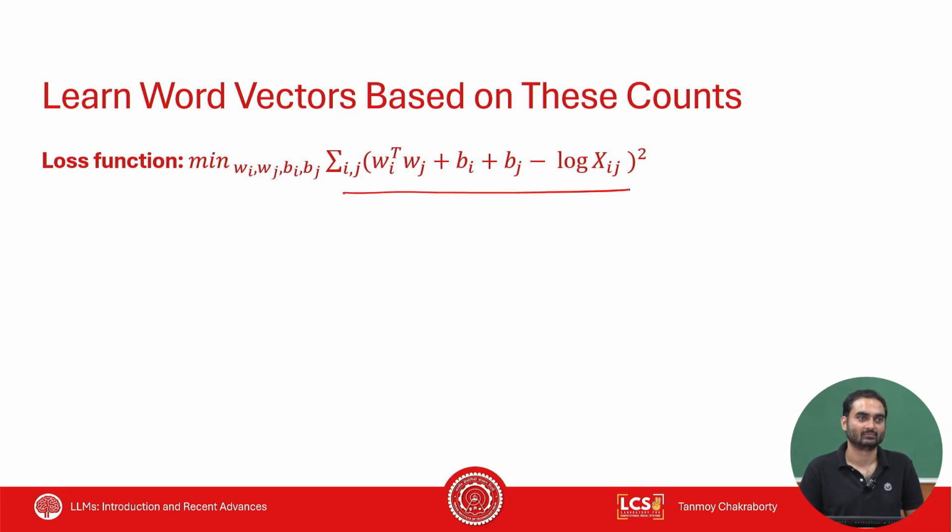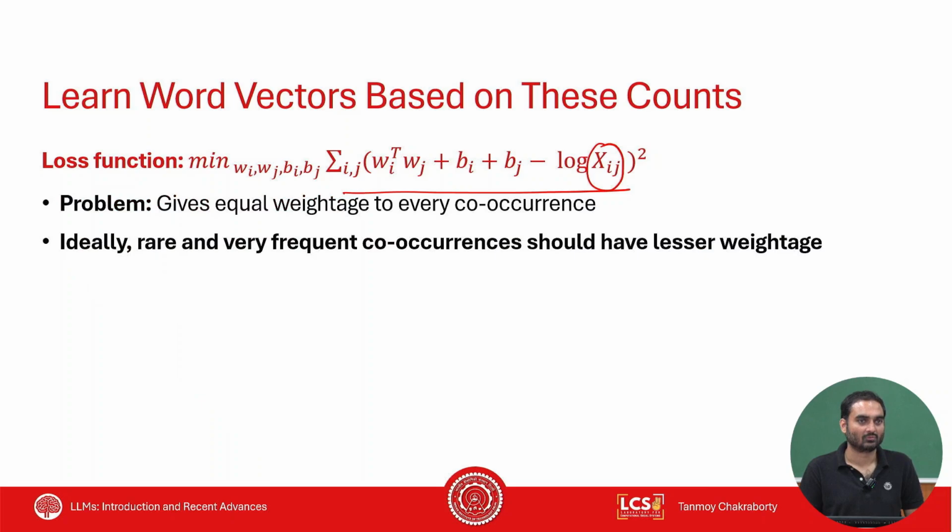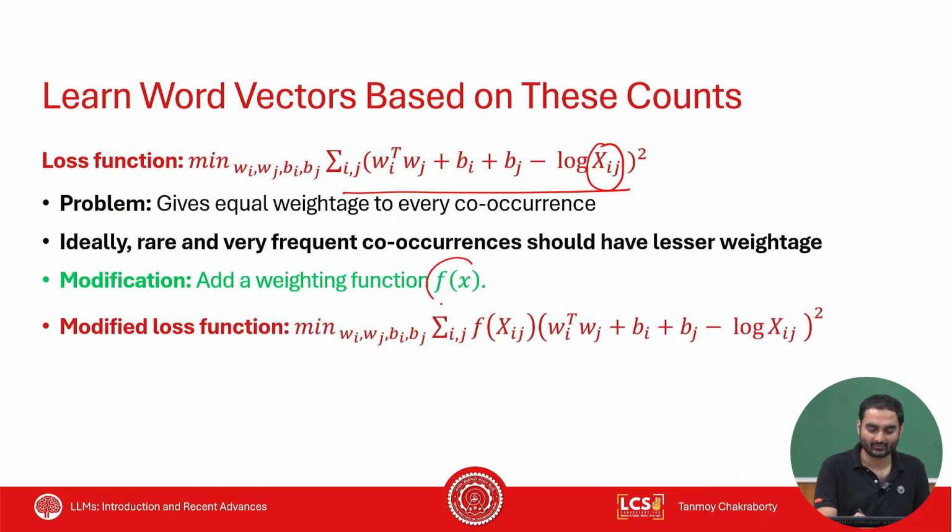There is a problem here. What is the problem? The problem is it still gives a disproportionate advantage to those counts which are significantly high, right? Xij will be high. So to address this, I will add a function f(Xij) before this. f is a function which is a property of this co-occurrence Xij.